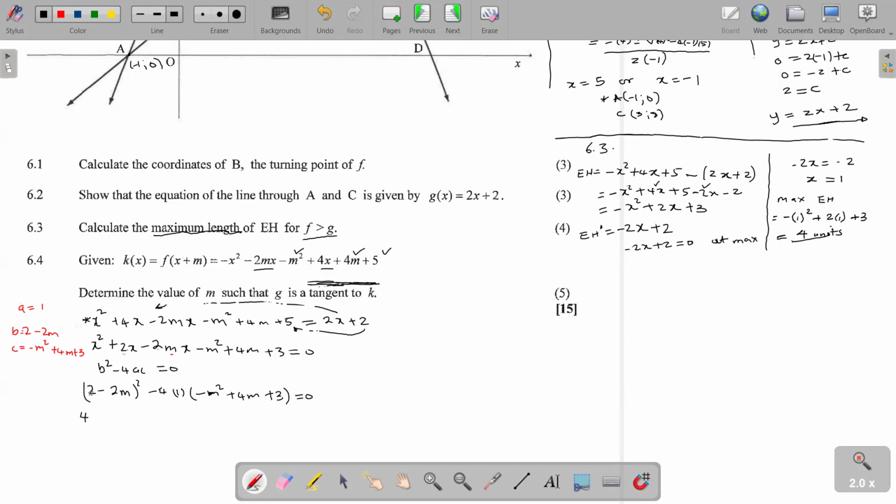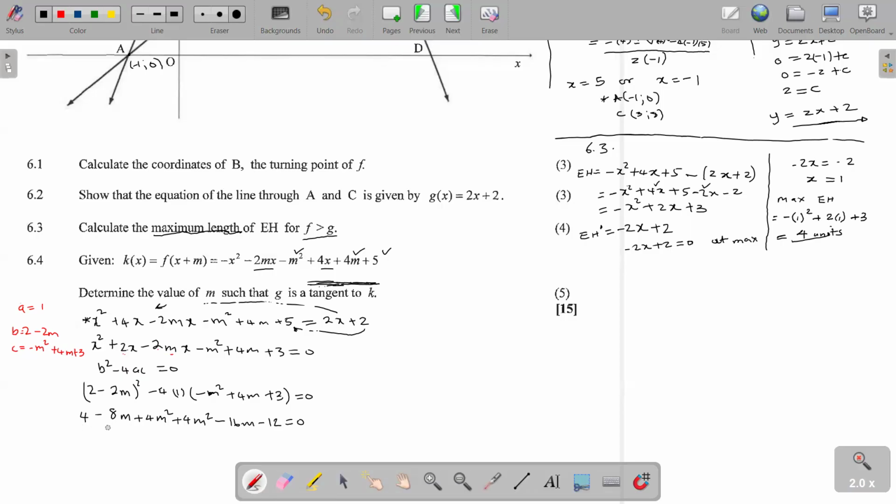After squaring this, then this times this, we get minus 4m times that, we get minus 8m. Then we are going to have plus 4m squared. Then minus 4 times 1 is minus 4. Then that one is going to be plus 4m squared. Then from there, it's going to be minus 16m. This one and this one is going to be minus 12, being equal to 0.